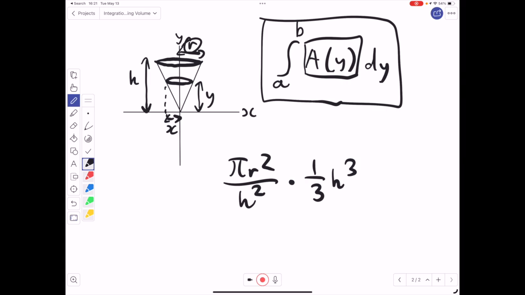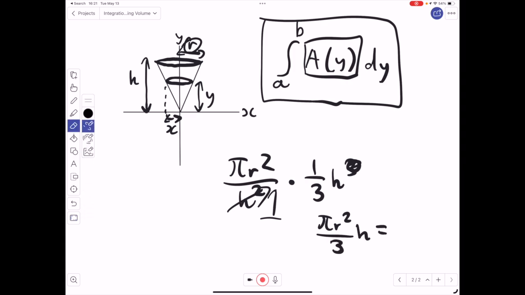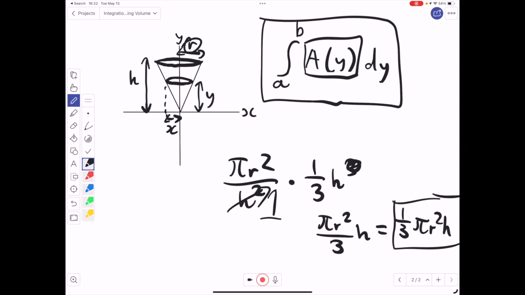Now you can start simplifying, so that becomes 1, and this becomes h. So then you get pi r squared over 3h, which further simplifies to 1/3 of pi r squared h, which is the volume for a cone. Amazing!